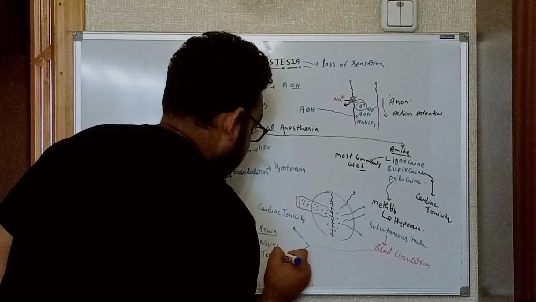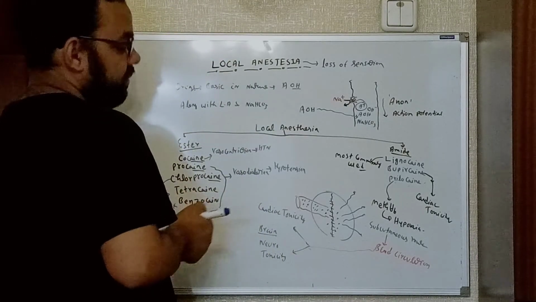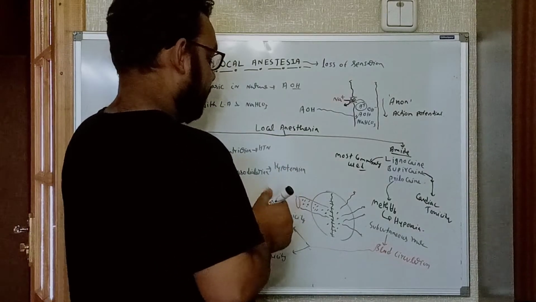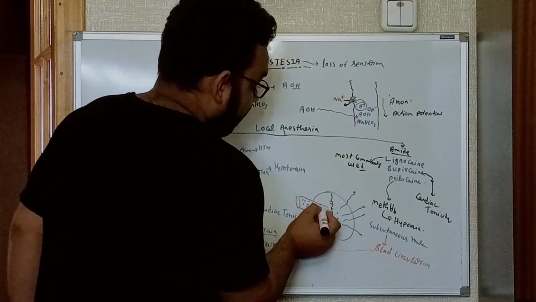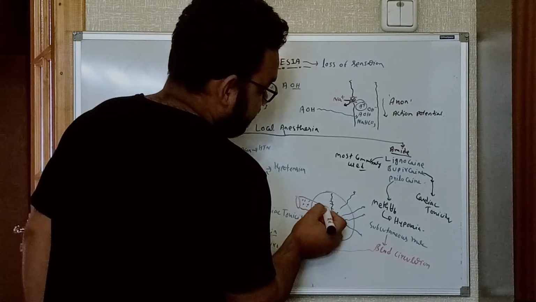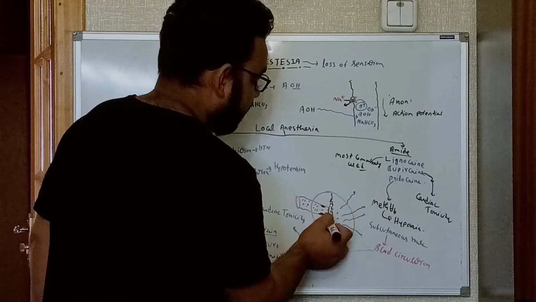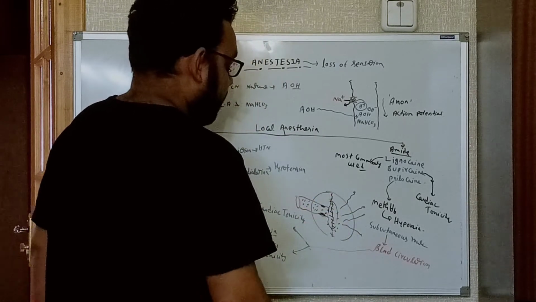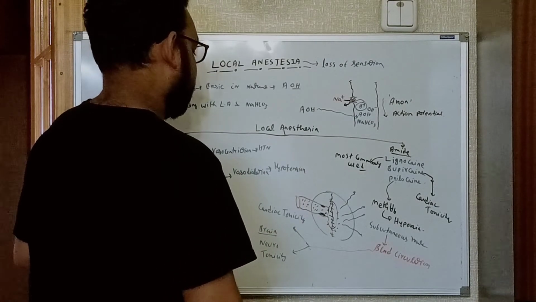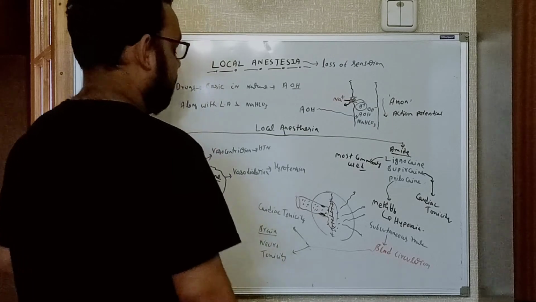Now, to prevent these things, whatever alternative or preventive method you can use: if you use any type of drug that will cause vasoconstriction in these regions, then there is a chance for the drugs to work within these regions for longer durations. That's why, along with the local anesthetic, you should use what? Adrenaline. Adrenaline will cause the vasoconstriction.